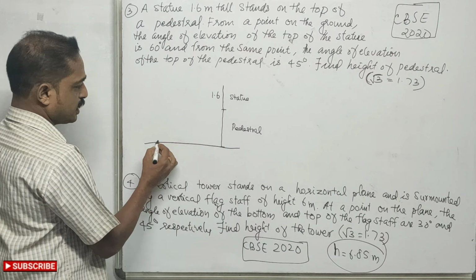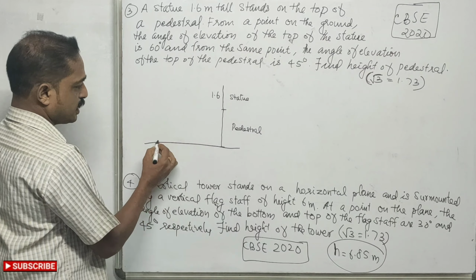In this triangle, this angle is 45 degree, opposite side h is not given, and the adjacent side x is to be calculated. The adjacent side x is common to both the triangles. So from these two right triangles, we are finding out the value of x and equating both the values of x, so we can find out the value of h, which is the height of the pedestal.